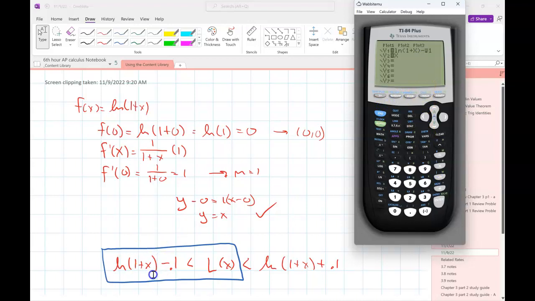I know the domain for the natural log here is going to be -1 to positive infinity. So -1 would be as small as I would need to go on the x. The window I chose was -0.5 to 1, and then -1 to 1 on the y's. That was just a little bit of guess and checking on my part.